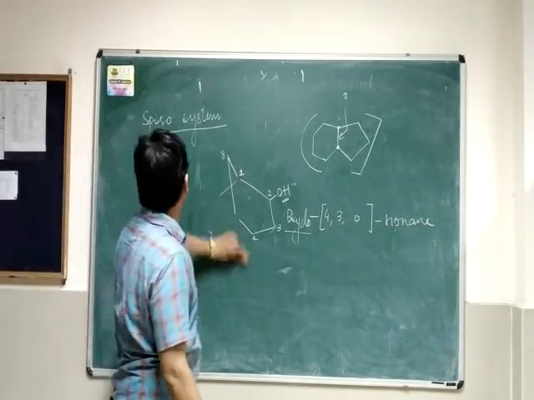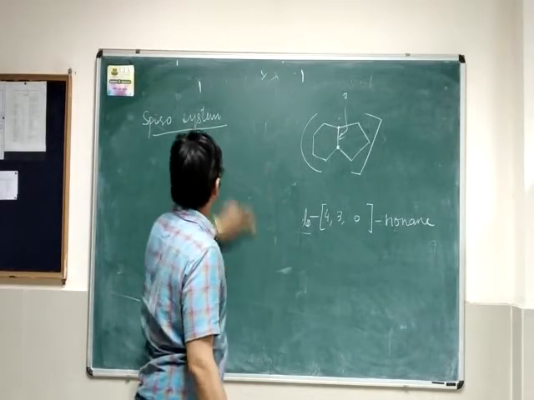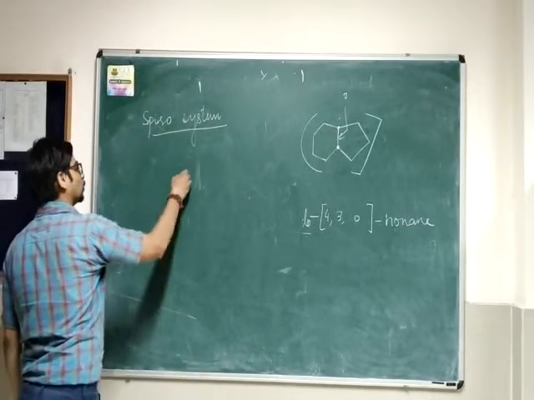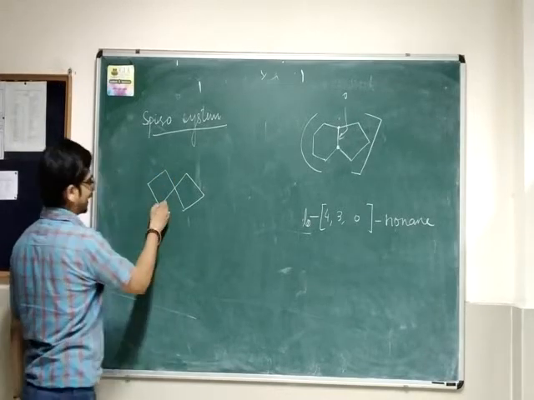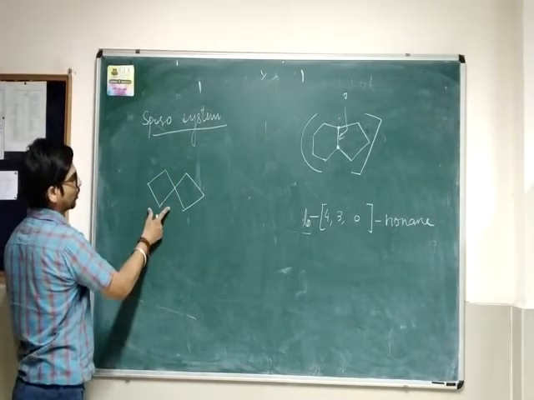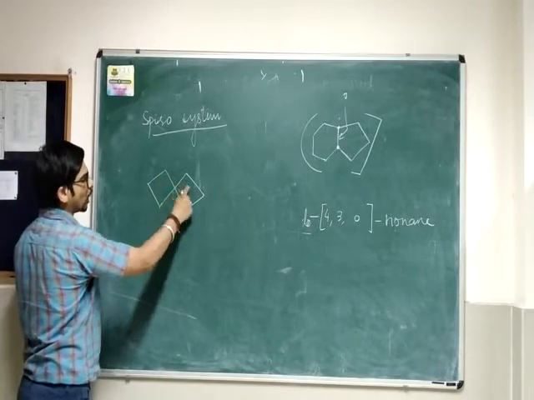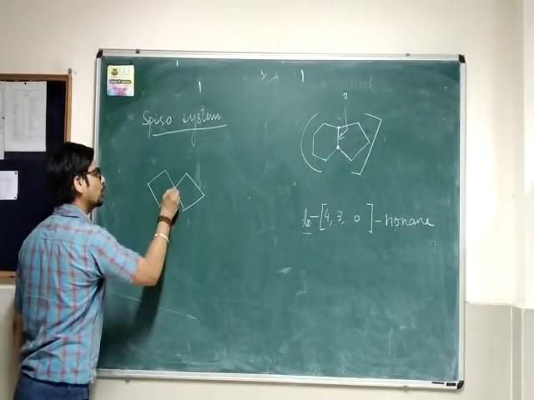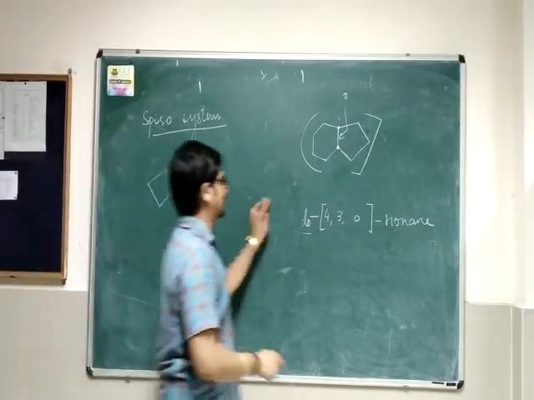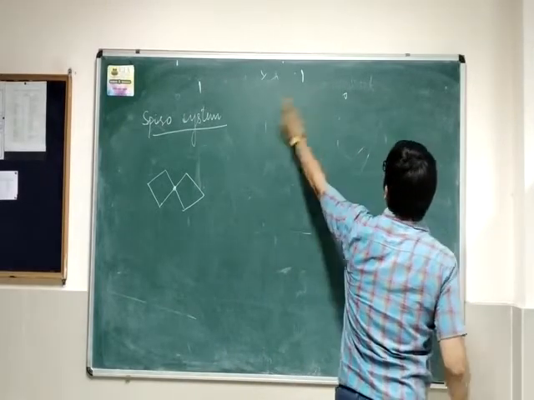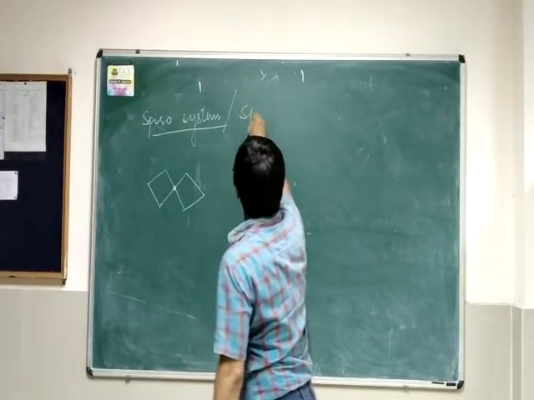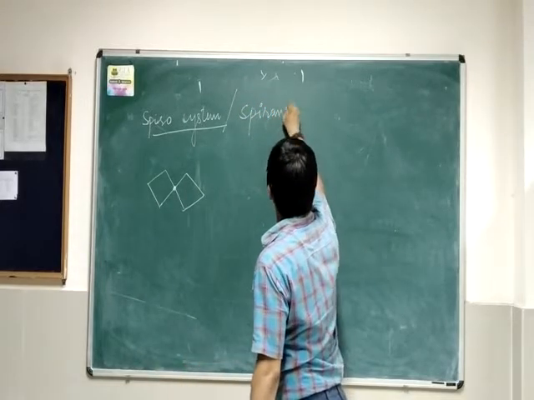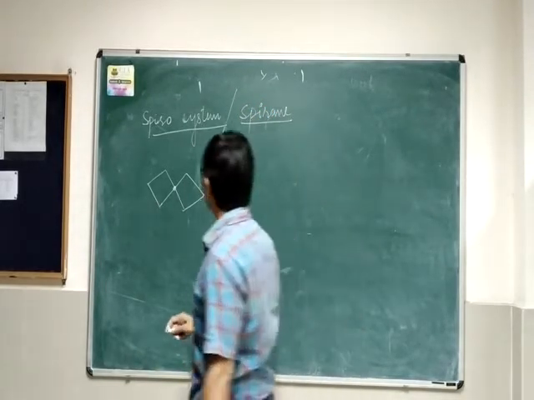But if we talk about the spiro system, the 2 rings are connected through 1 carbon. So now, say for example, in this molecule you can see 2 4-membered rings are fused through single carbon atom. So such systems are known as spiro system, or we can call the compounds spirans.